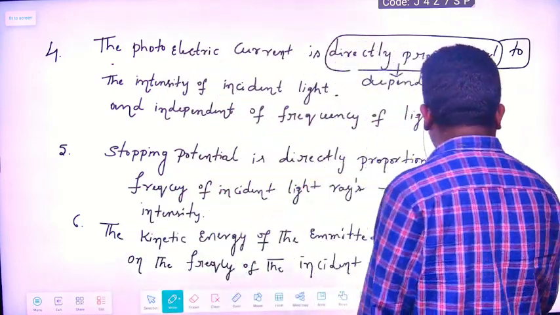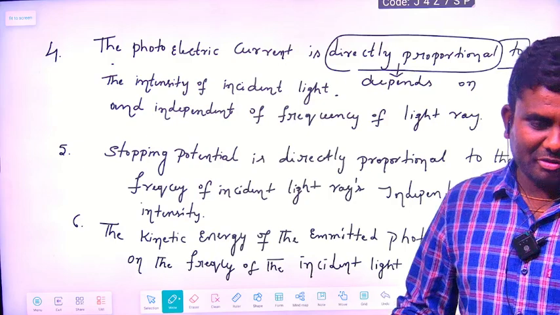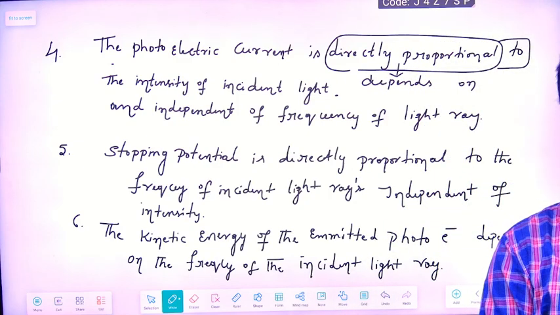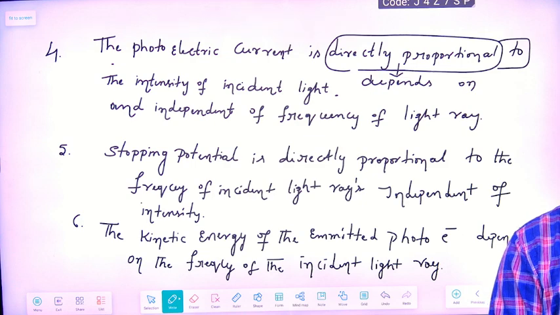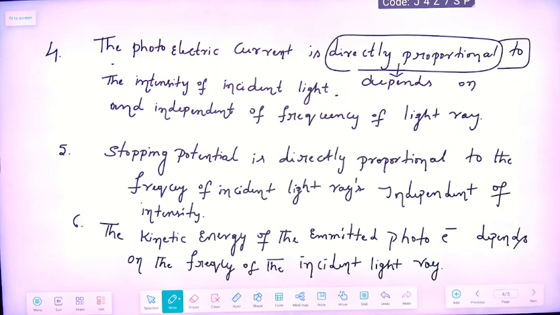Now, can you please tell? Everyone should tell the points now. Tell one point, whatever you understood. Don't see the page.